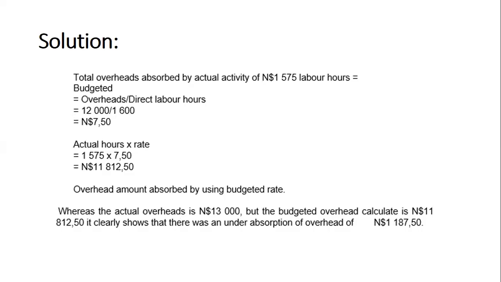Now remember our formula. Since we're using direct labor hours, what we have to do is take the budgeted overheads, and then divide by direct labor hours. This is the formula given here.